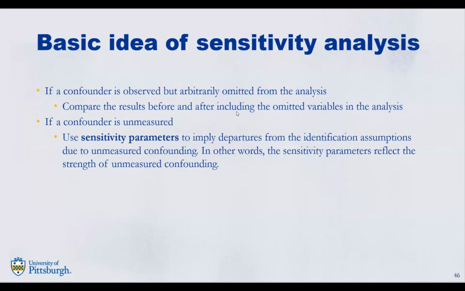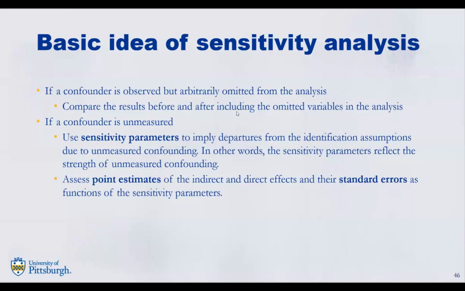Then we assess point estimates of the indirect and direct effects and their standard errors as functions of the sensitivity parameters. And that means through this step, we're able to tell how the estimates and standard errors of the indirect and direct effects change when the unmeasured confounding gets stronger or it gets weaker.